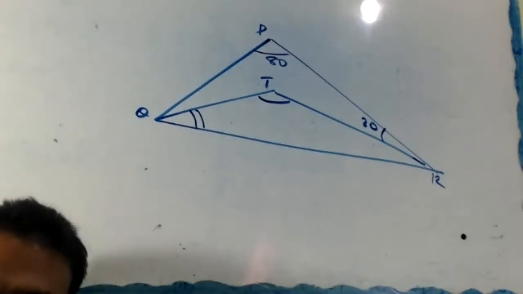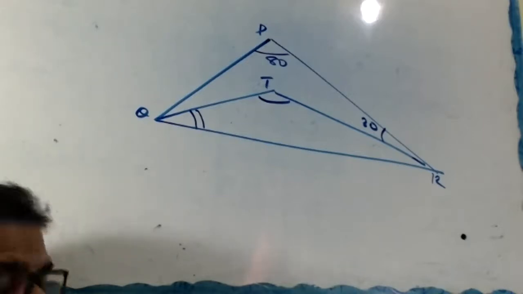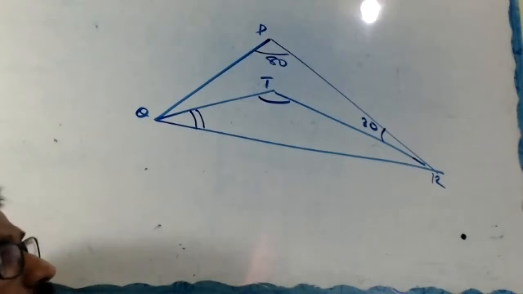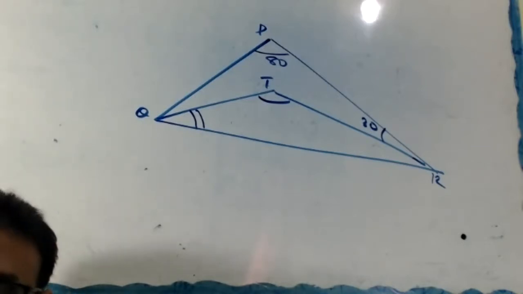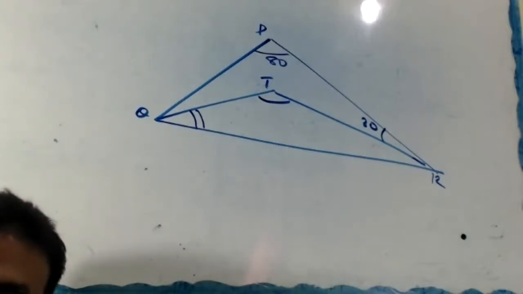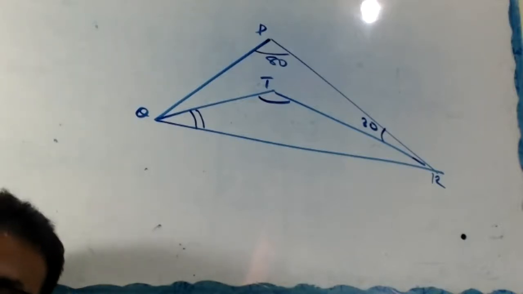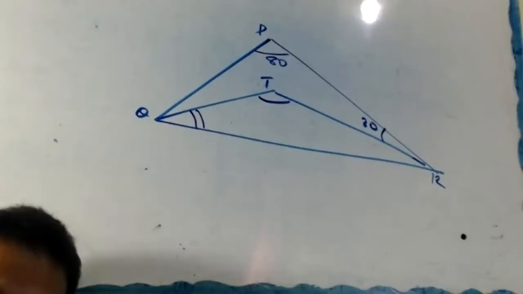If angle QPR is 80 degrees and PRT is 30, find angle TQR and QTR. Okay, is it clear now?